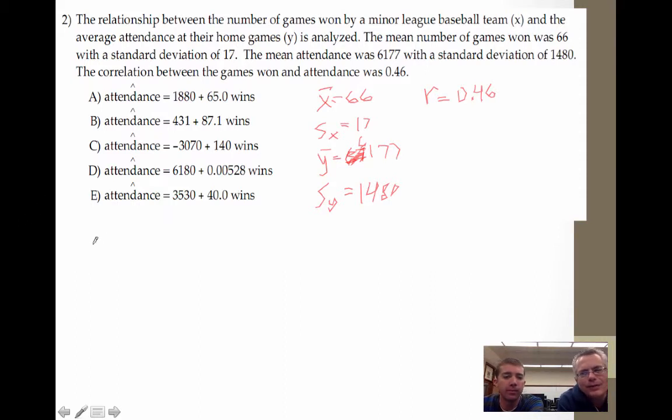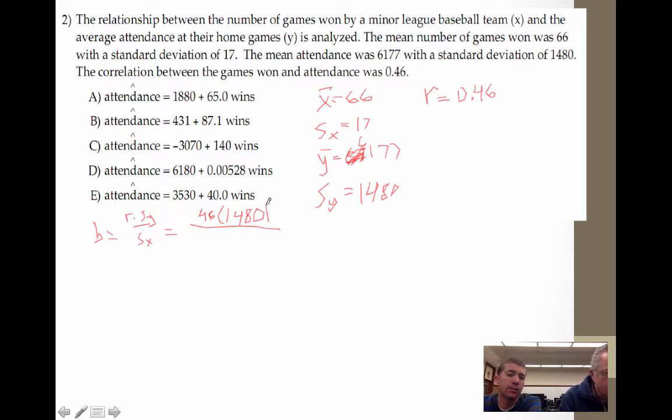So B equals R times SY over SX. Okay. So 0.46 times 1480, is it? Yes. 1480. Divided by 17.